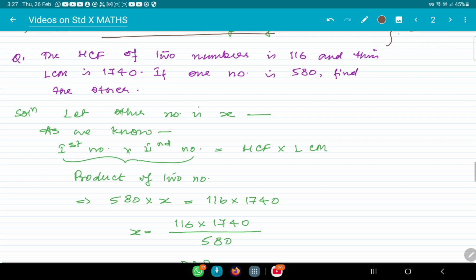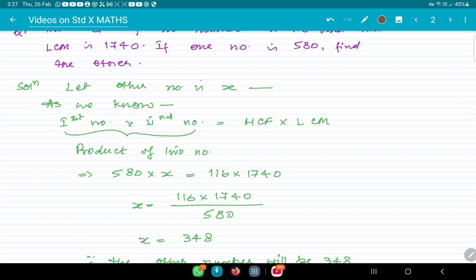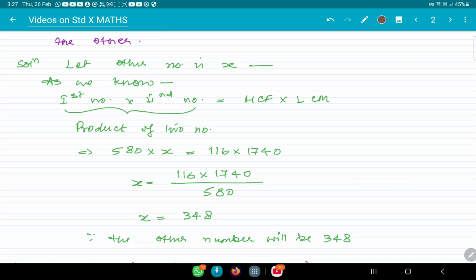Now next, the HCF of two numbers is 116 and the LCM is 1740. If one number is 580, find the other. So as we know, according to the formula of LCM and HCF, first number into second number is equal to HCF into LCM. So just put in the values and let the other number be x.